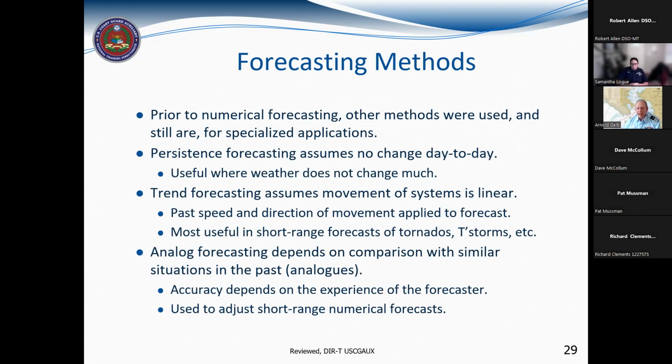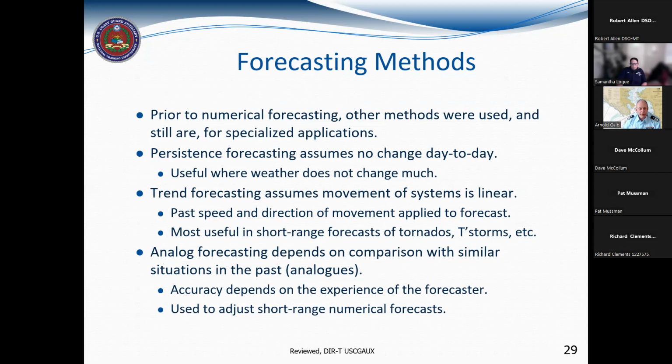So it's useful in areas like this where the weather doesn't change that much. Then there's trend forecasting that assumes that a movement of systems tends to be in a straight line, or linear. In other words, path, speed and direction of movement can be applied to the forecast. And these are most useful for short range forecasts of things like movement of thunderstorms, tornadoes, or so forth.